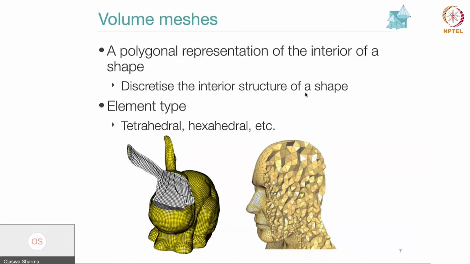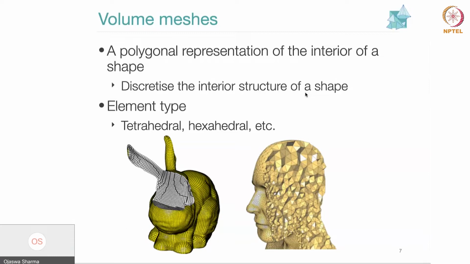Again, it's a polygonal or polyhedral representation. A polygon for 3D is a polyhedron, and we discussed a few polyhedra last time. Yesterday we talked about tetrahedrons and prisms and pyramids. Those are all some of the solids.